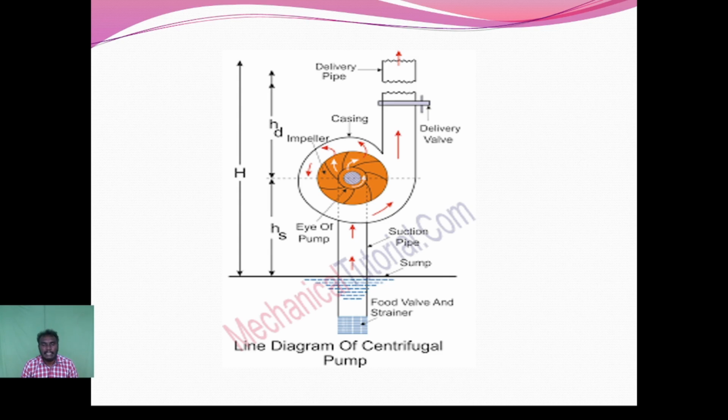From the sump, the water flows through the pipe to the eye of the pump or impeller. Due to the centrifugal force, the water is splashed from the impeller section into the casing. Through the casing, the water flows to the delivery pipe through the delivery valve.